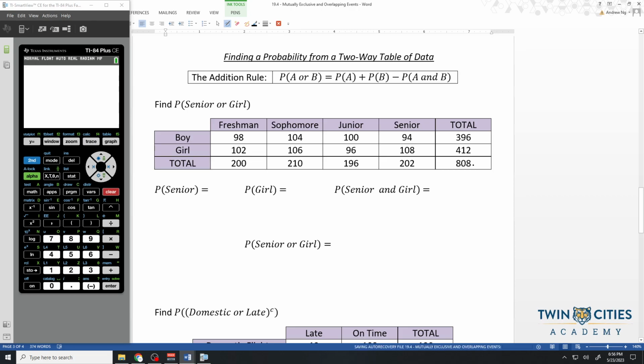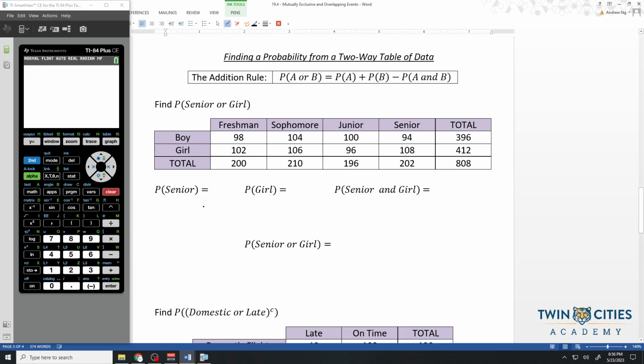So how is this useful? Let's say there's a random drawing. Any student who attends this school could receive a free ticket to prom. So they don't have to pay, whatever it costs, maybe $50 or $80, whatever a prom ticket might cost them. One person is going to receive a free ticket.